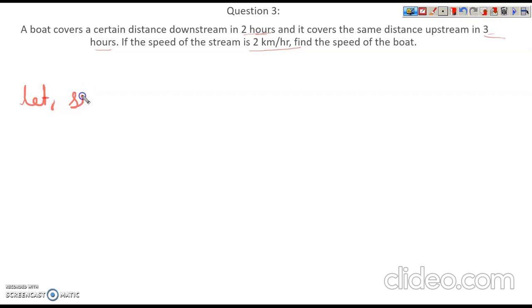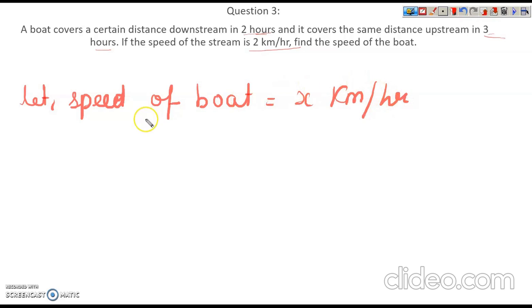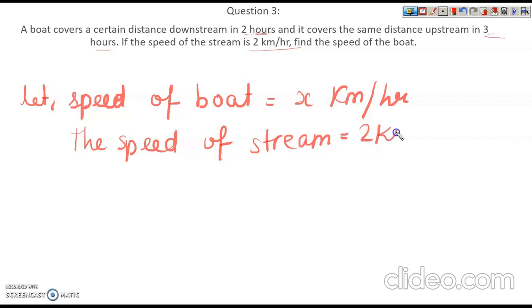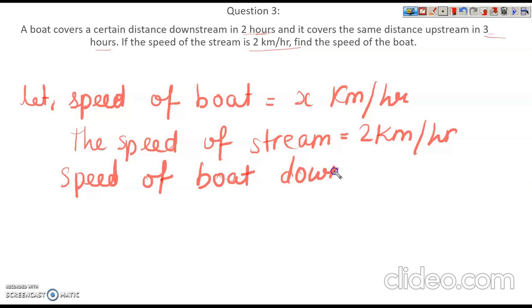I will write let speed of boat be x kilometer per hour, and the speed of stream is given. We should write everything that is given in the question. The speed of stream is given 2 kilometer per hour. Now, speed of boat downstream.